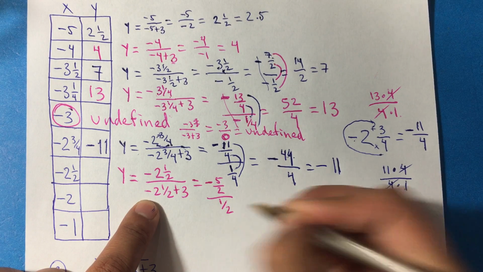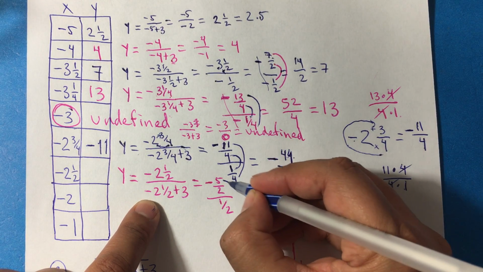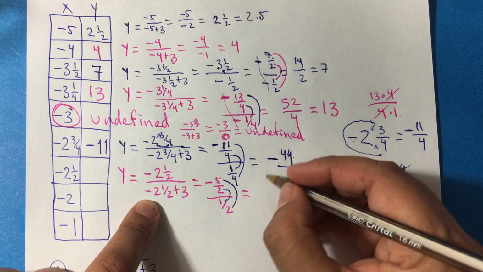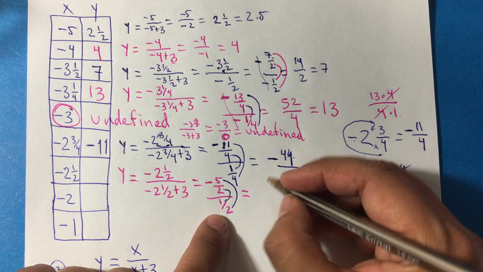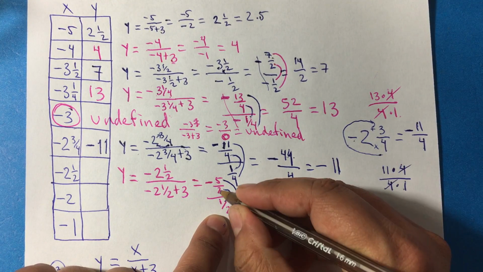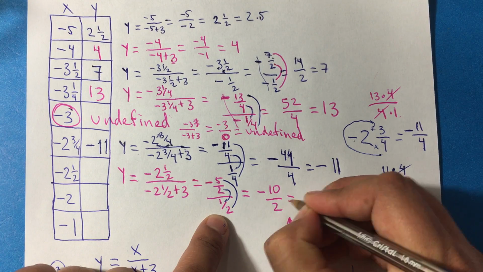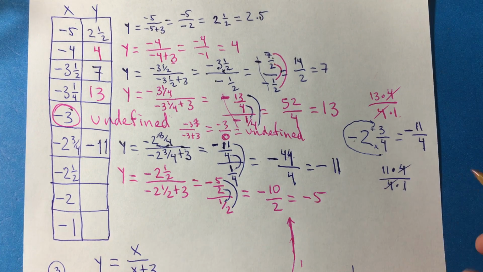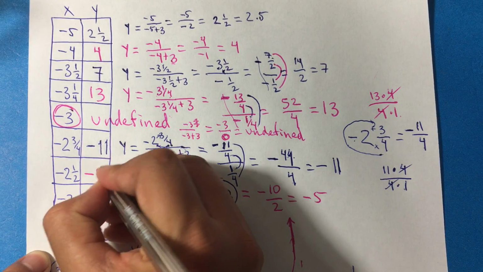I'm left with 1/2. Multiply the outside, multiply the inside of the shoe horse. Negative 5 times 2 is negative 10. 2 times 1 is 2. And negative 10 divided by 2 is negative 5. Or you can just do what we did in here.